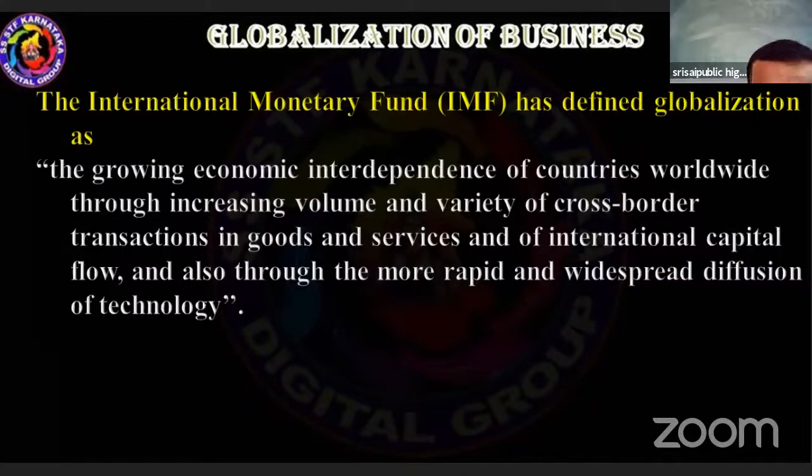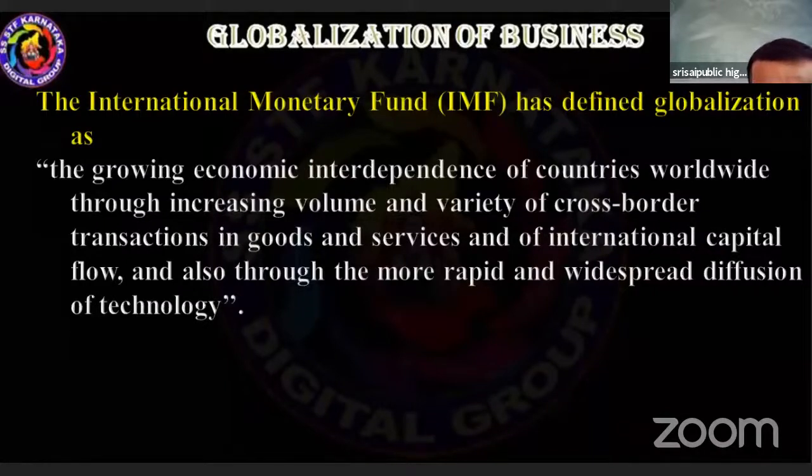The growing economic interdependence of countries worldwide through increasing volume and variety of cross-border transactions in goods and services, and of international capital flow, and also through more rapid and widespread diffusion of technology. Diffusion means the action of spreading our technology in other countries.